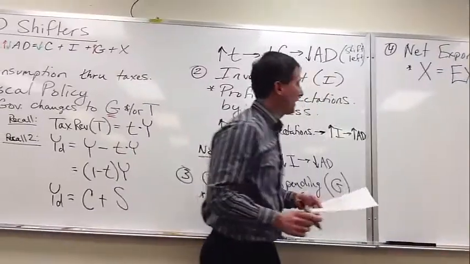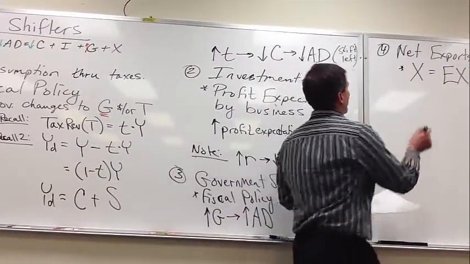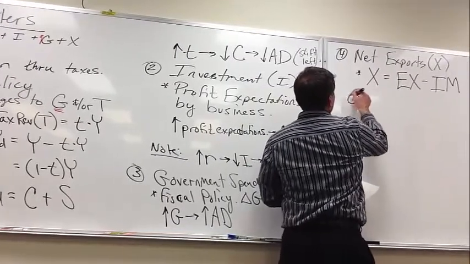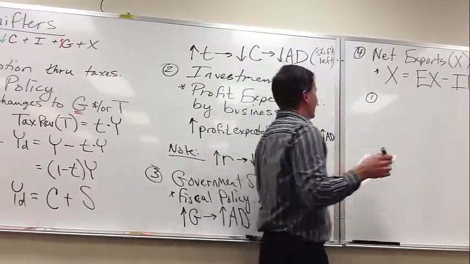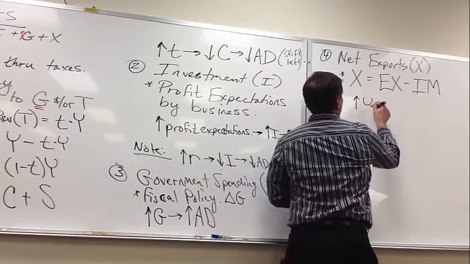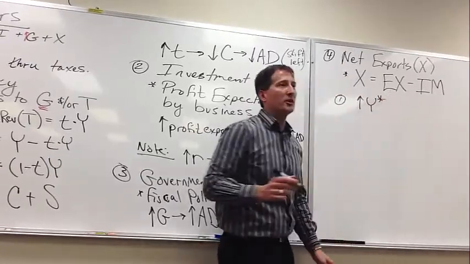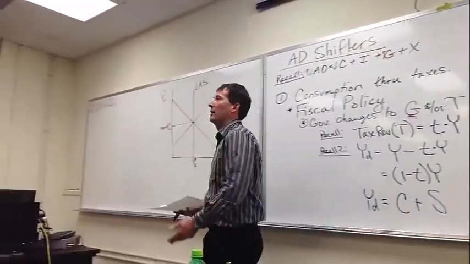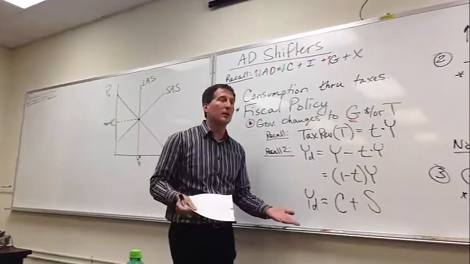Okay, so the shifter here comes about in a couple different ways. So we've got, let's call it shifter number 1. If there's an increase in foreigners' income, so they're experiencing economic growth. China's probably a prime example.